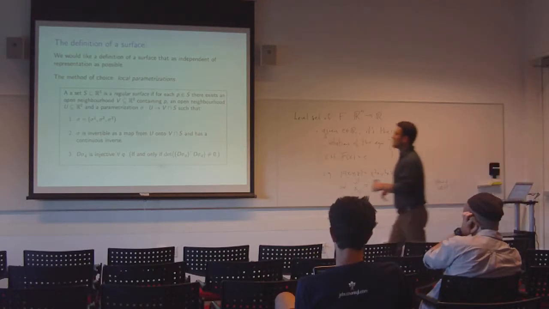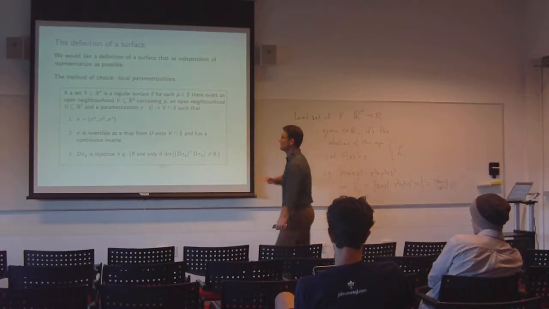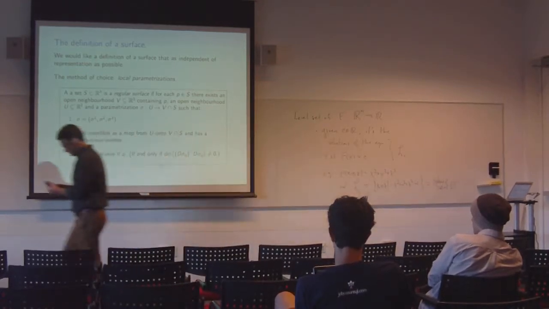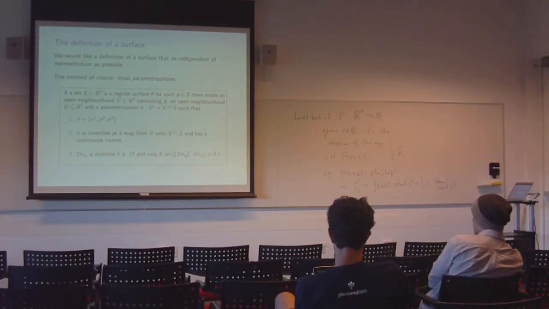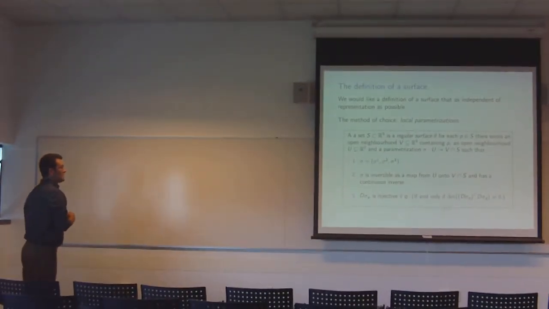Okay, so I'm going to walk through this box here. We are going to talk about things called a regular surface. A regular surface is sort of the analog of a regular curve where the tangent vector never vanishes. You'll see why that is in a second.